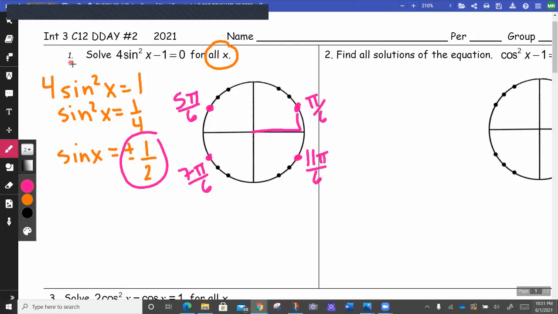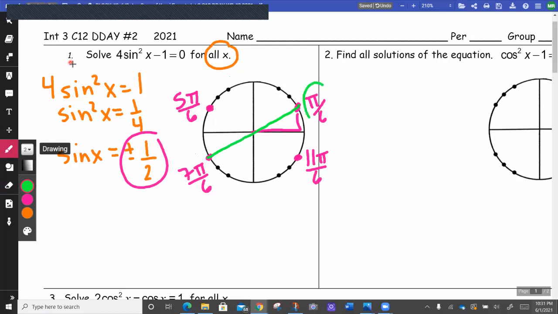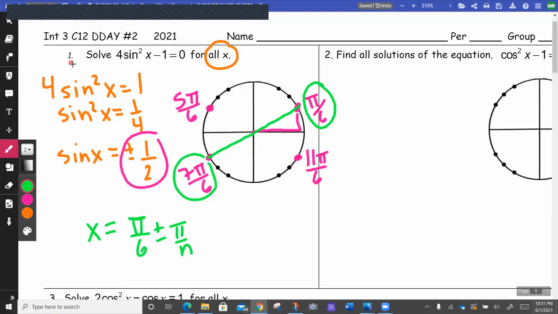Now, this is for all, so I'm going to do the plus or minus 2 pi n, but I notice that from here to here, going all the way around to here, that is 6pi/6 or pi. So I can take pi/6 plus or minus pi n, and that's going to get me these ones.